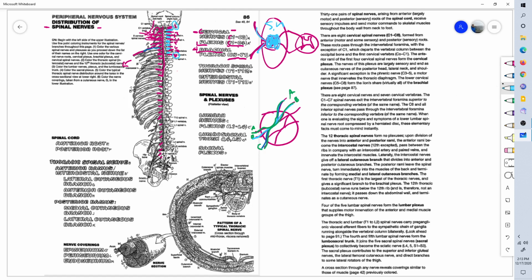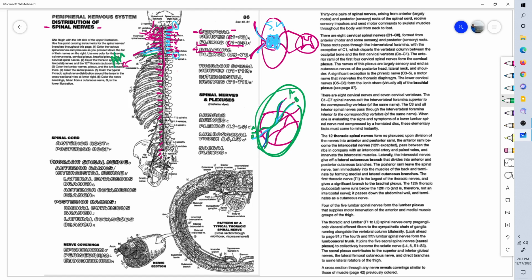And then there's C7, and my count might be off here. And then C8. You can see how now these spinal nerves are gathering together to form a plexus, and that's called the brachial plexus. And these will go to the arm.